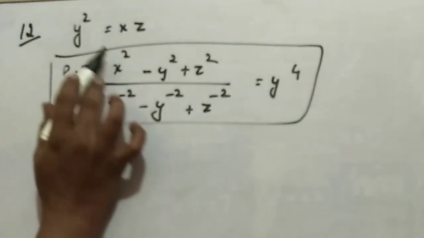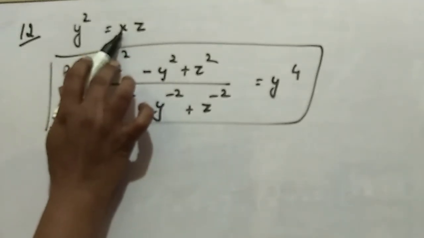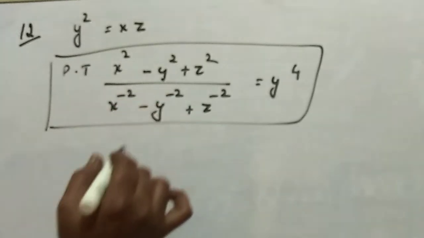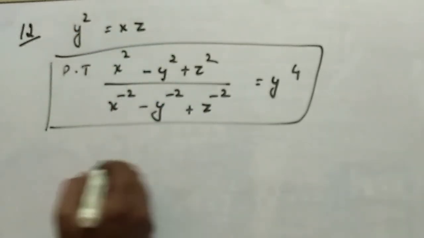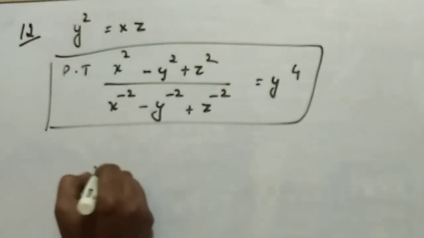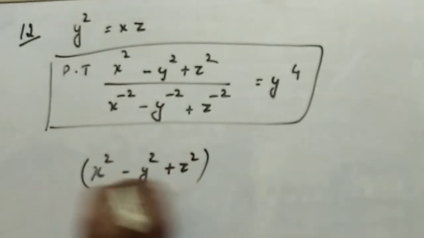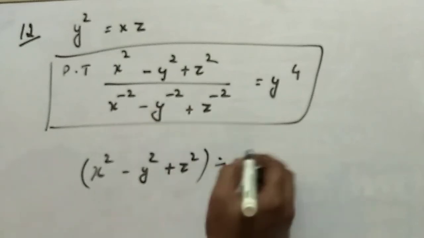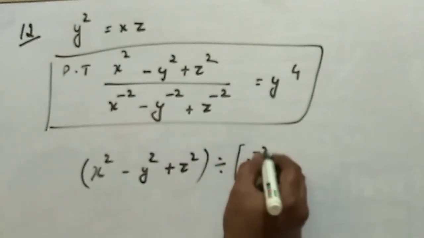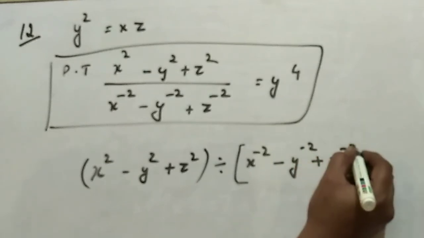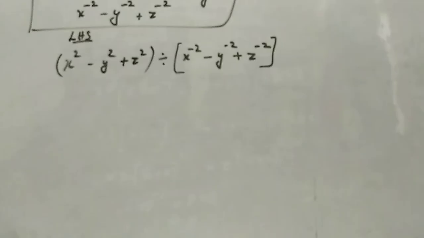So, wherever y² is there, you will put xz. Now, you have to solve it. Bring it to the lowest term, then we can put the value. Now, see here. (x² − y² + z²) divided by (x⁻² − y⁻² + z⁻²).